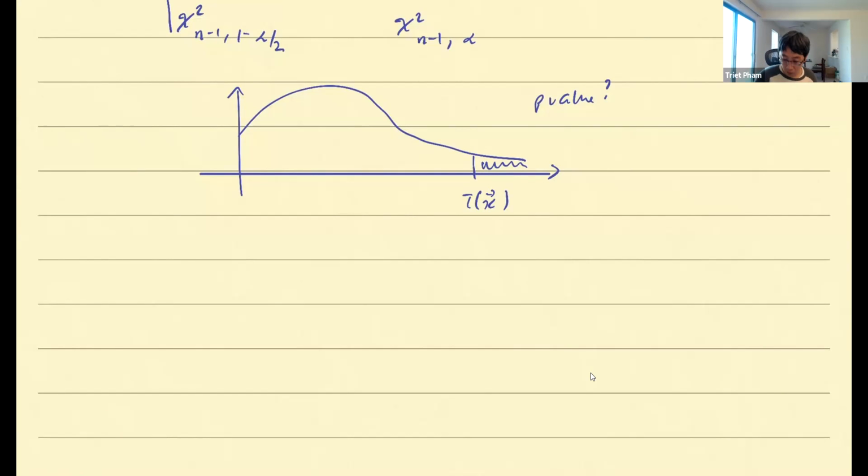Okay, so now we get to tests for two population means, mu1, mu2.